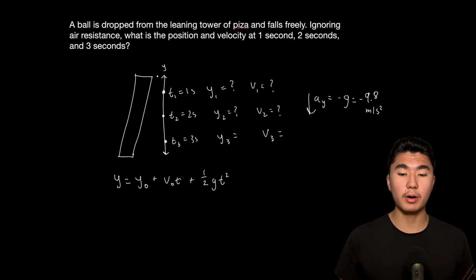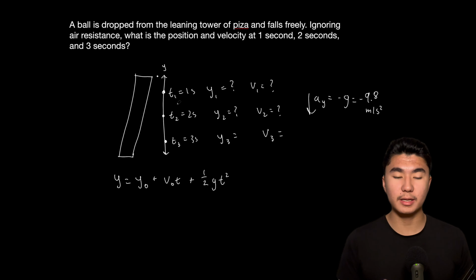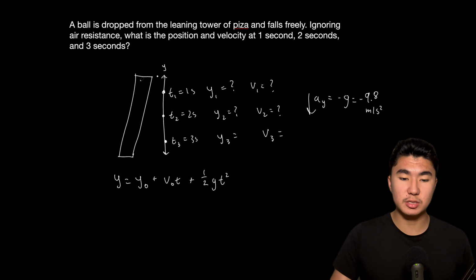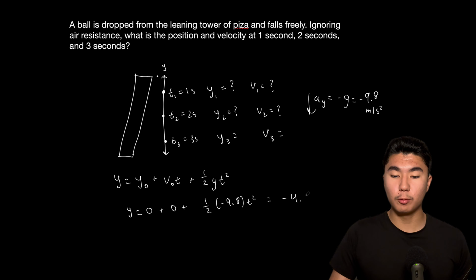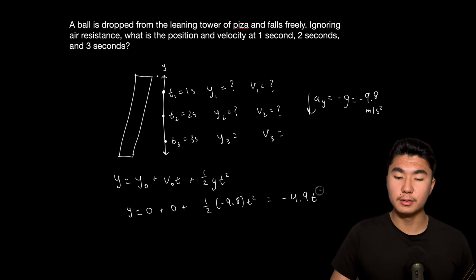We don't know our initial velocity, and we're going to safely assume that it is 0, because at time 0, that's when we're starting from the origin. So this is just going to be y equals 0 plus 0 plus 1/2 times negative 9.8 t squared, which if you want to simplify, equals negative 4.9 t squared.